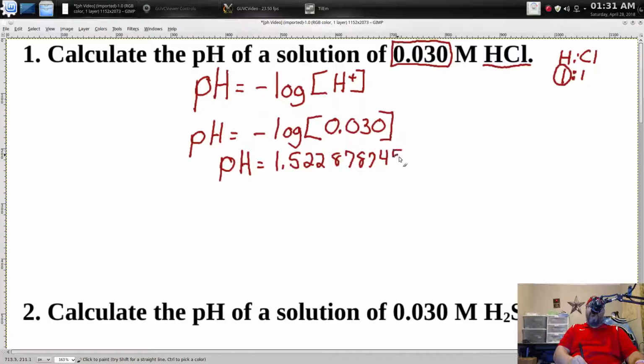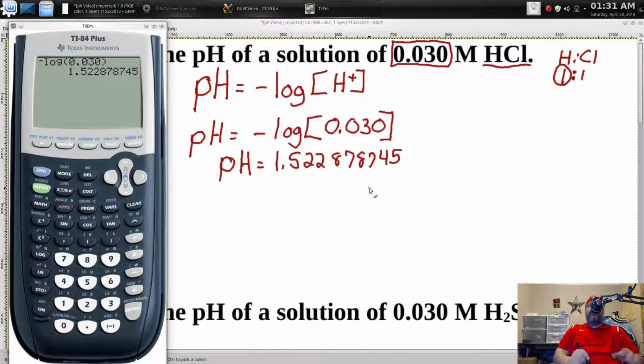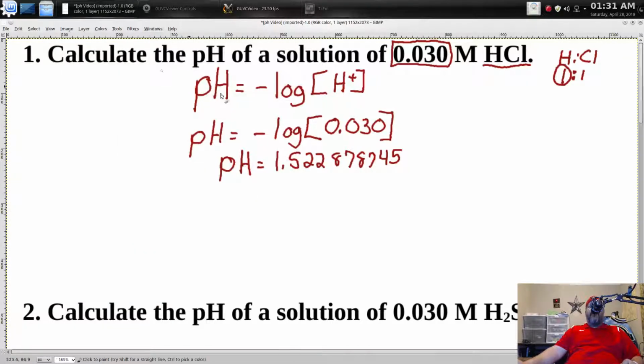Now, those of you that are great with sig figs are probably saying, way too many digits. You're probably right. Usually, most of the devices that measure pH will only go out to 2 decimal places. So, depending upon what your professor or your teacher wants you to do here, if they just want you to go by the number of sig figs, then so be it.